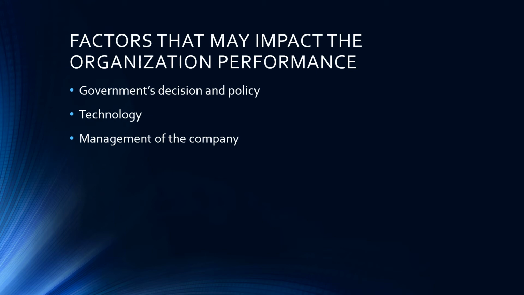Also the technology, as the technology changes and the company doesn't change along with it, it stays behind, which reduces its performance. Management of the company, as the management changes, it can be positive or negative for the performance of the company. But when the management changes, mostly it's positive.